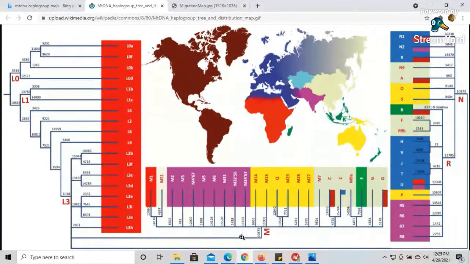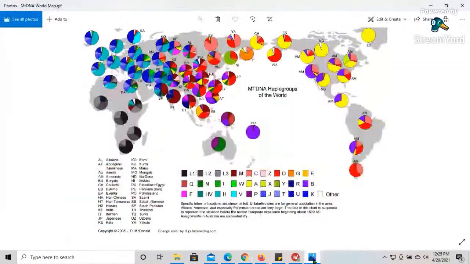Okay, so with that in mind, we can then go to this chart here and understand that the H, the HV, the P, the J, the T, the U, the K. This is one line. This is like the Middle Eastern Semitic mitochondrial DNA.